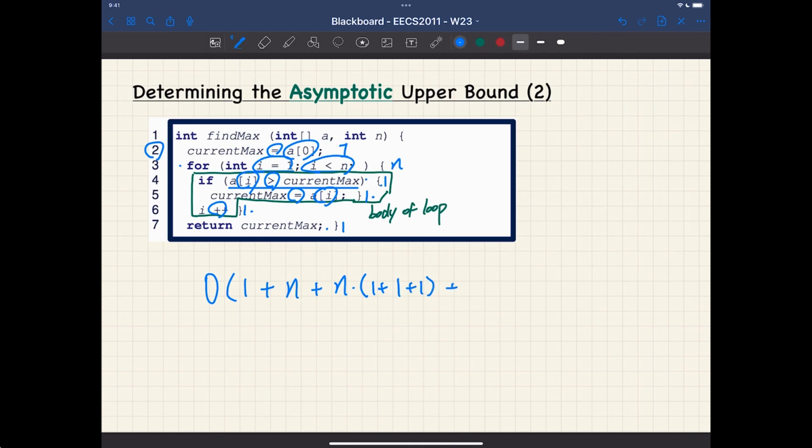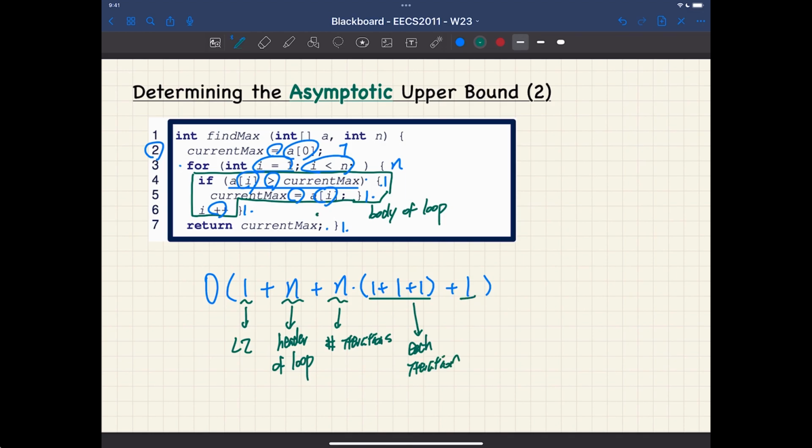And then outside the loop, we have 1 here. I'll annotate it quickly. The 1 here refers to line number 2. The n here refers to the header of the loop. The n over here is the number of iterations. The 1 plus 1 over here is each iteration. And the 1 here is the final return.